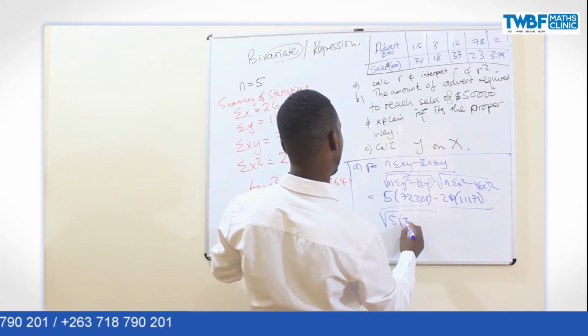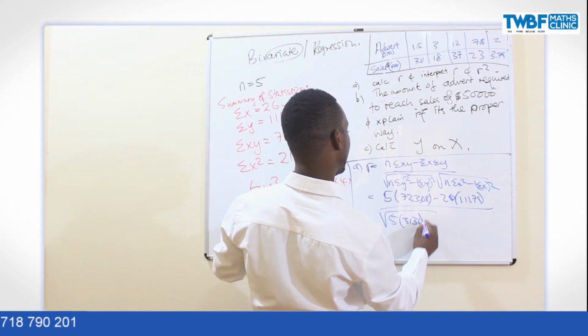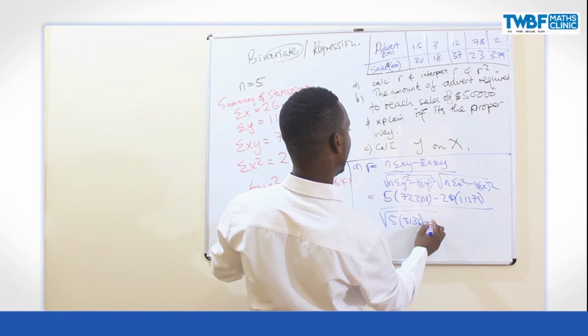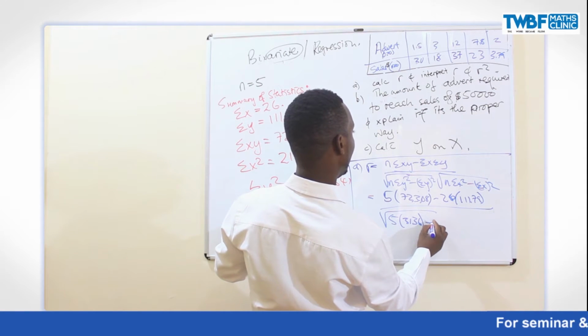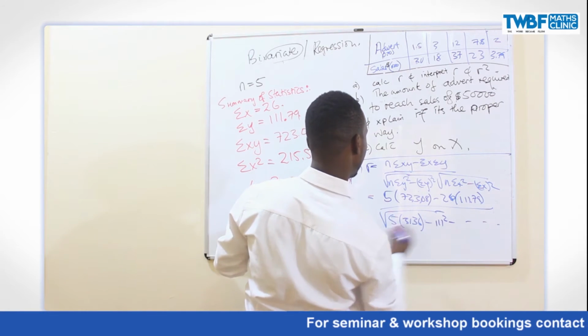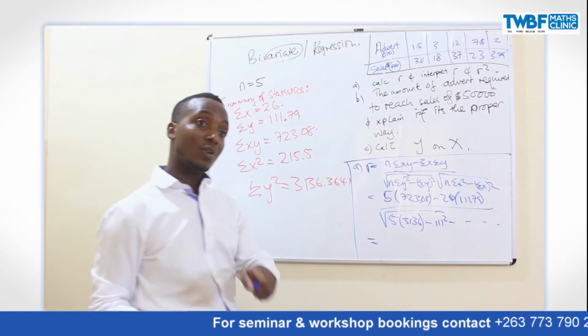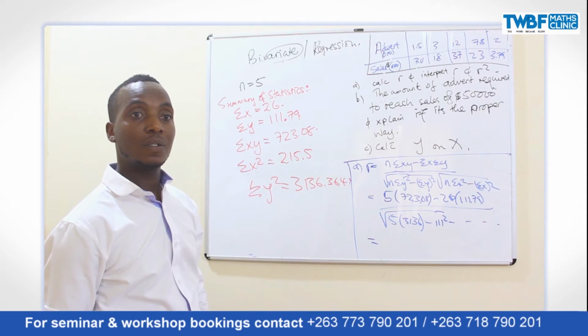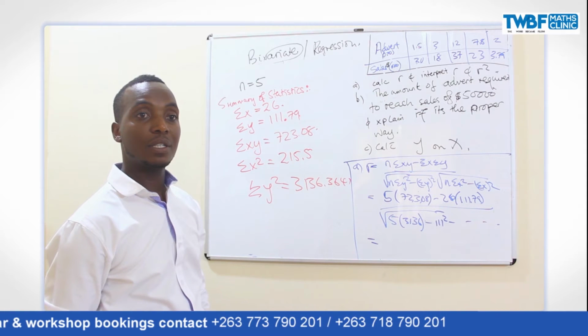Summation of x squared, 3136, minus 111 squared, etc. What is the answer? Recall r on your calculator, there is an r somewhere.